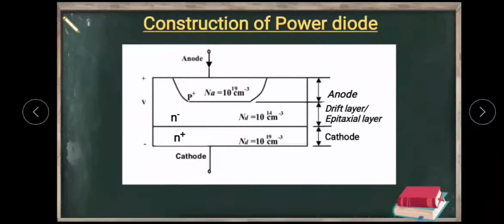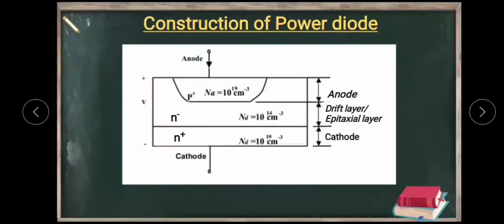It accepts the ions. N minus and N plus we call donor type. So here the PN junction is formed by diffusing heavily doped P plus region on N region. Here the N minus layer is grown on heavily doped N plus region. So the N minus region we call the drift region or epitaxial layer.